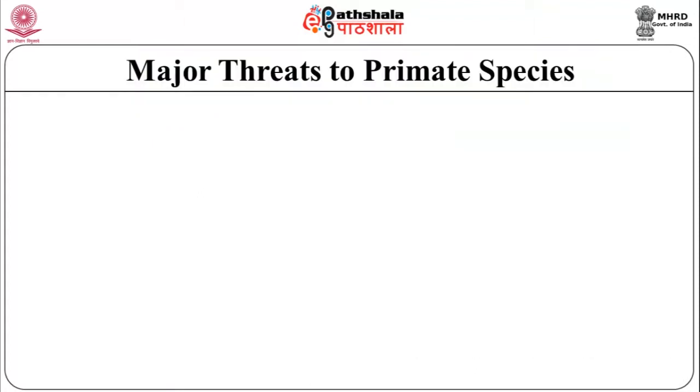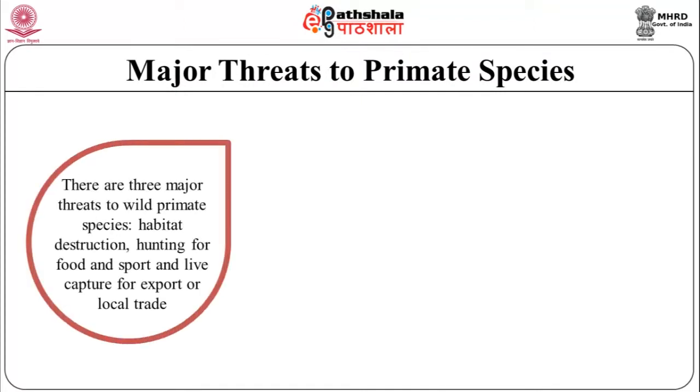Now, the major threats to primate species. There are three major threats to wild primate species, that is habitat destruction, hunting for food and sport, and live capture for export or local trade. Of course, this varies from country to country, but one or more of them are operating wherever primates are having problems.